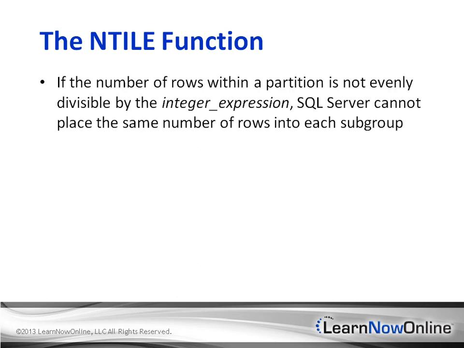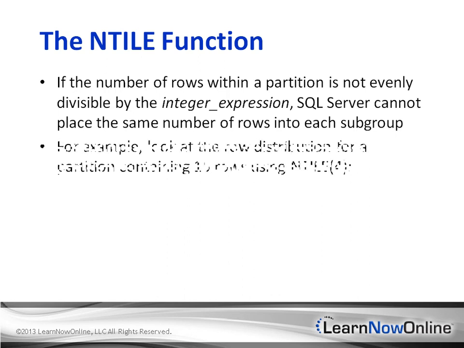Now what's interesting is if the number of rows within a partition can't be evenly divided by the integer expression, SQL can't place the same number of rows into each subgroup. So for example, if there is a partition containing 15 rows, let's think of our prior example, we have subcategories of bicycles, and one of those subcategories contains 15 rows, and we wanted to take that subcategory of 15 rows and break it up into 4 smaller groups.